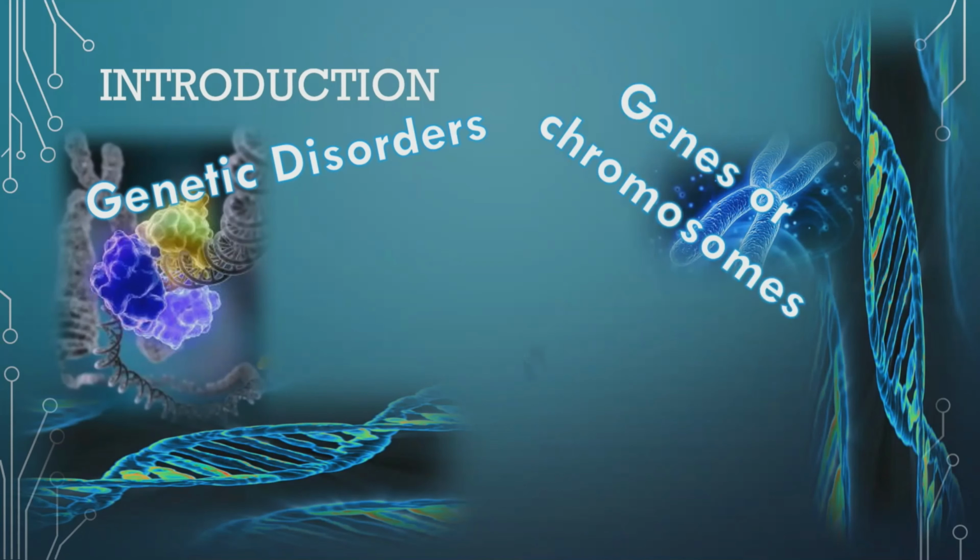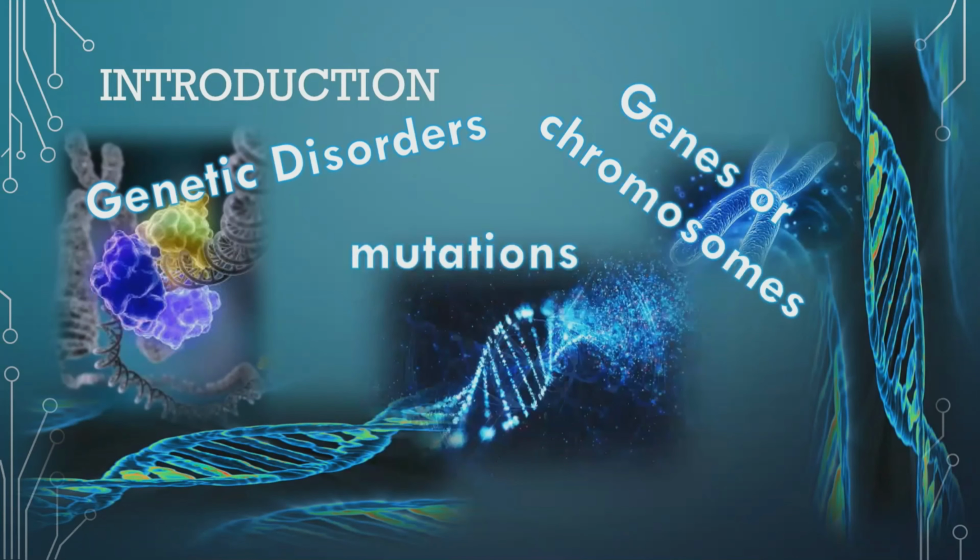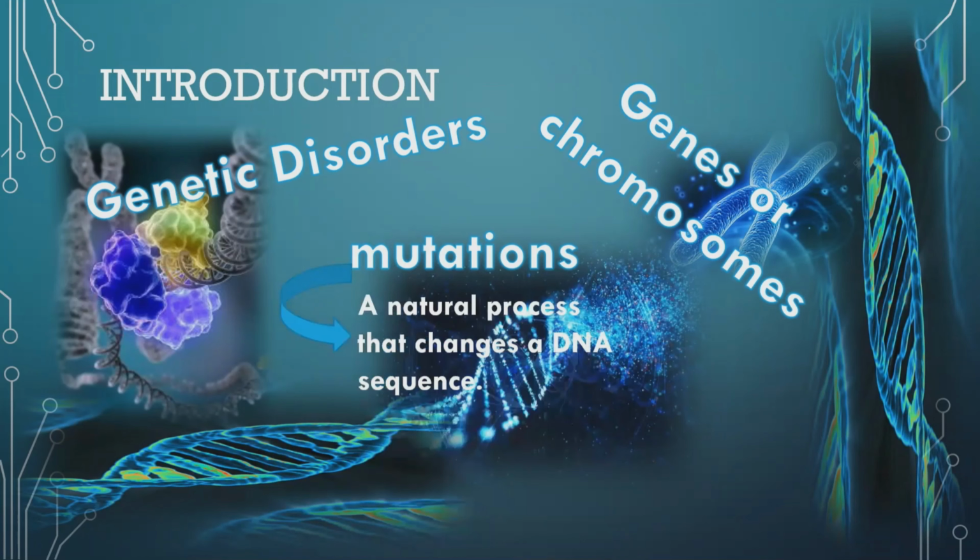Others are caused by mutations in the gene of the DNA and by changes in the overall structure or number of chromosomes. Mutation is a natural process that changes a DNA sequence. Some of the common genetic disorders are mentioned in the following lessons.